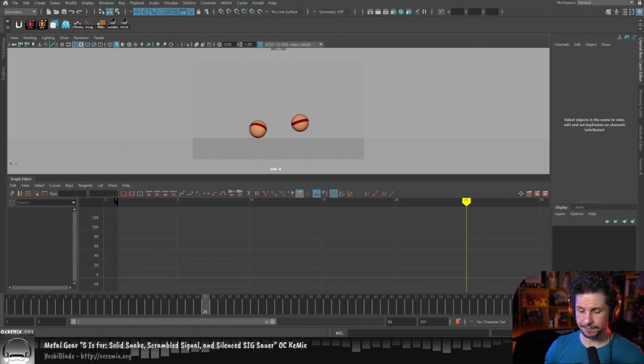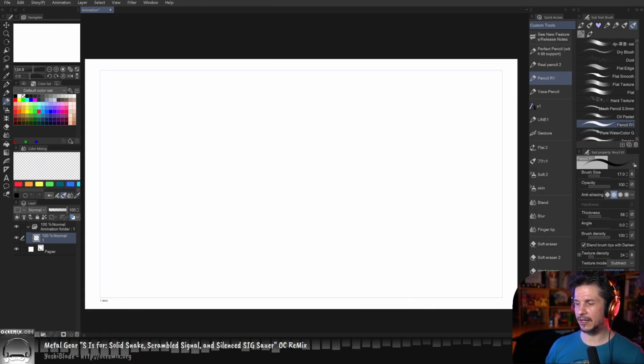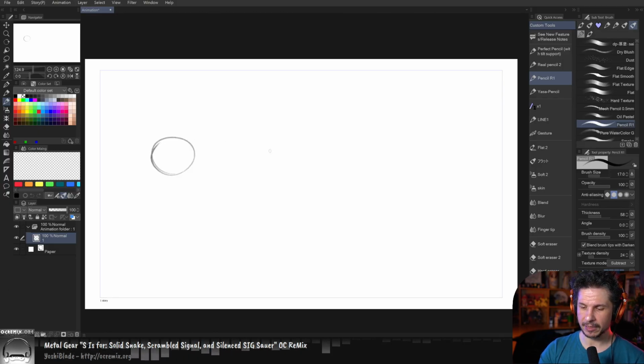So thirds in timing and timing charts is essentially the idea of ease in and out, but thinking of it in a different way. And in 2D, this is very important because when you're drawing, so you have a character here and they're going to end up here, where do you put your breakdown?